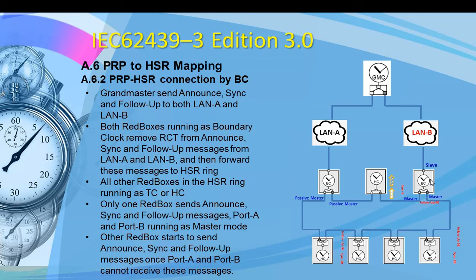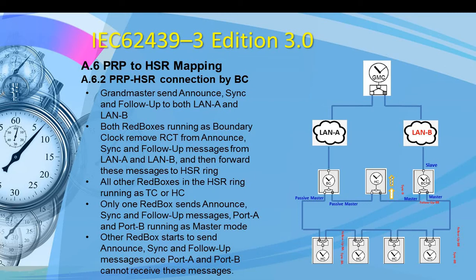Even though two boundary clocks connect between the PRP and HSR network, only one RedBox, the one on the red side, sends announce, sync, and follow-up messages to the HSR ring. Its port A and port B are running in master mode, but the second boundary clock RedBox has port A and port B running in passive master mode.